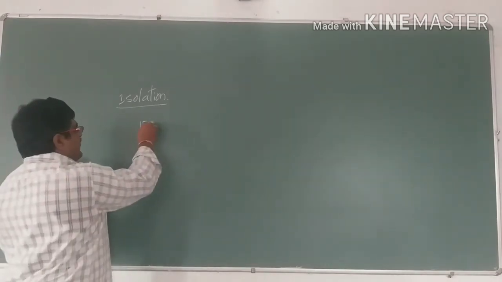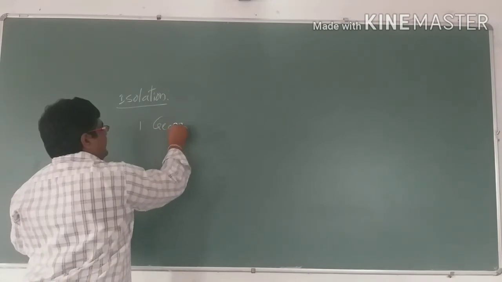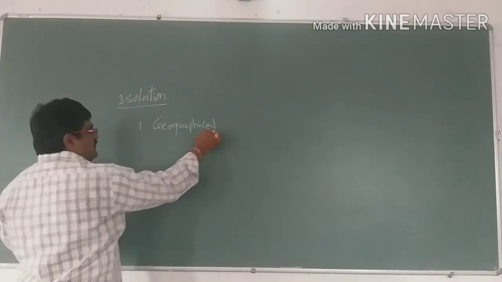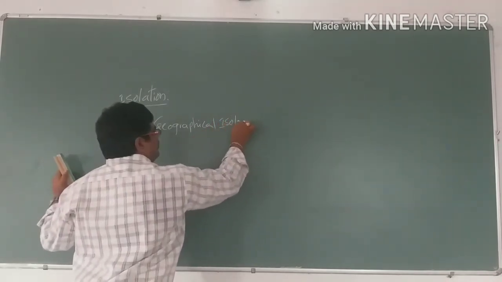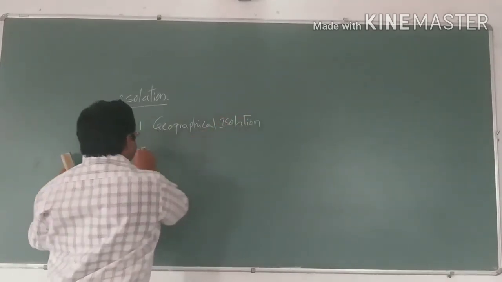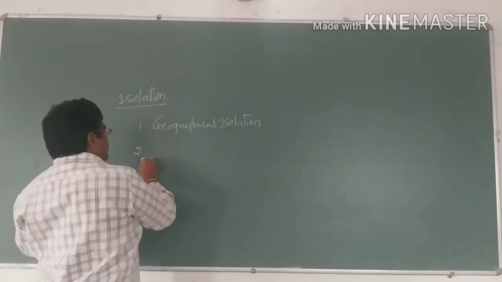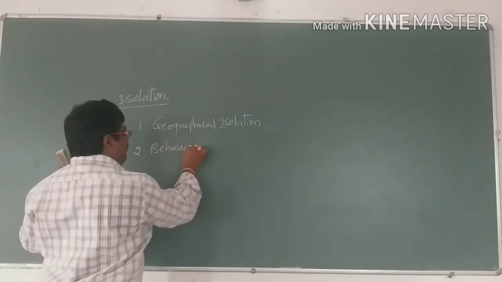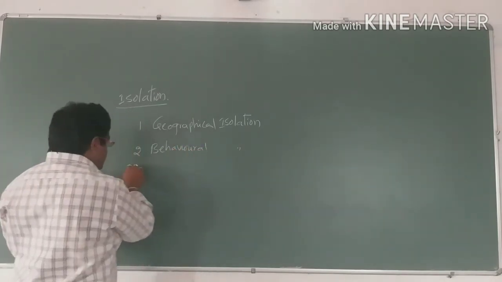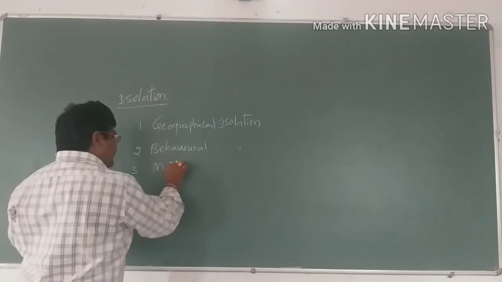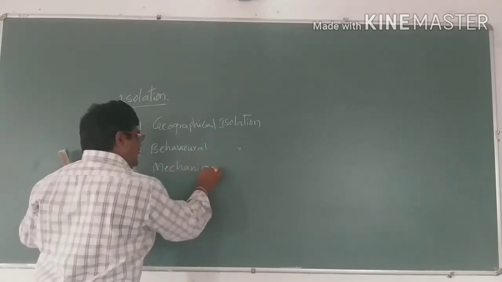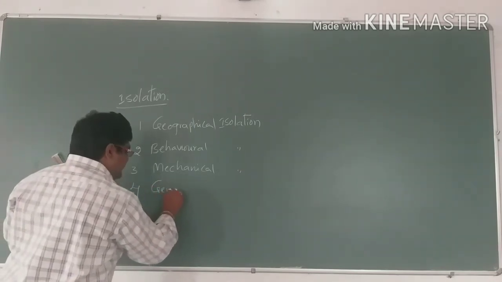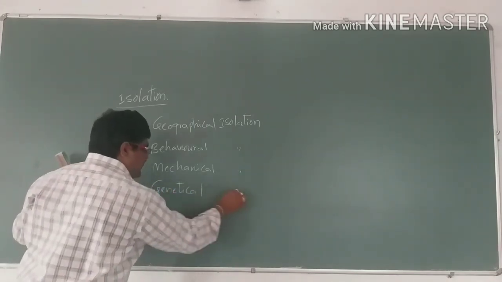So here there are 4 types. One is geographical isolation, second one is behavioral isolation, third one is mechanical isolation, and the fourth one is the genetical isolation.